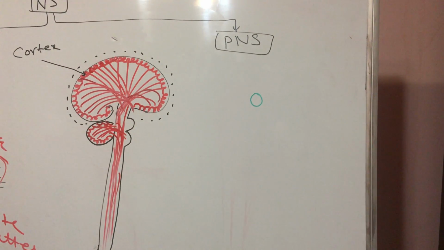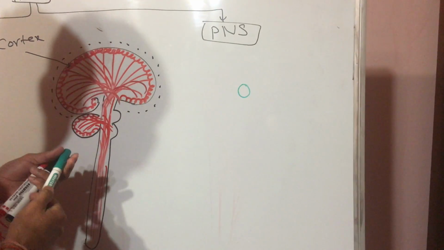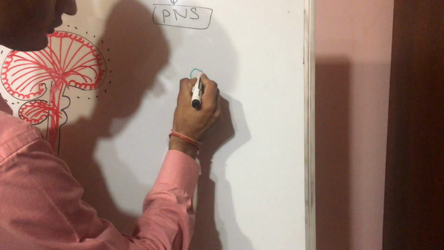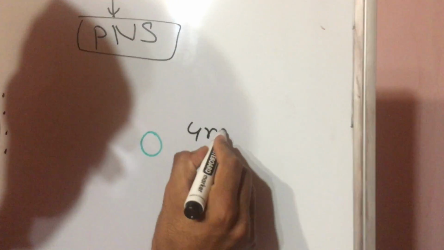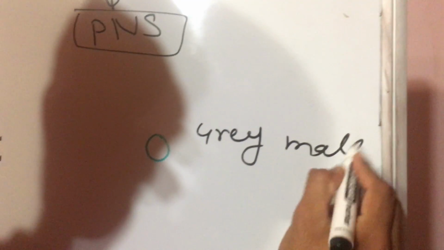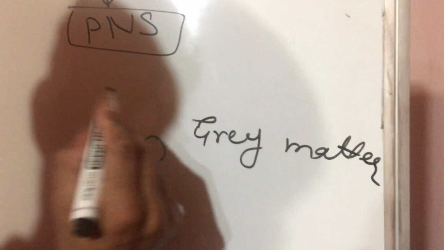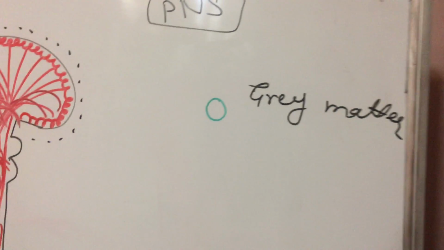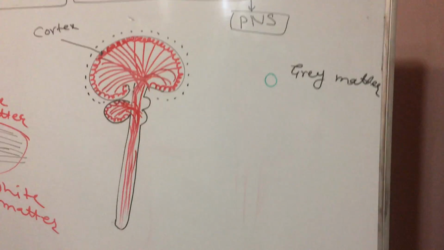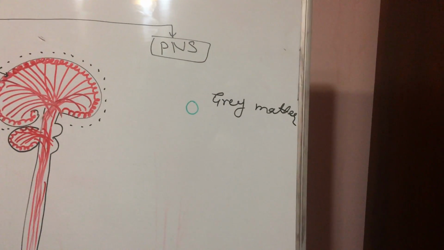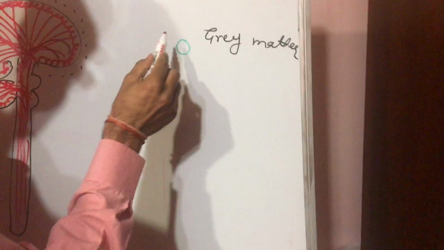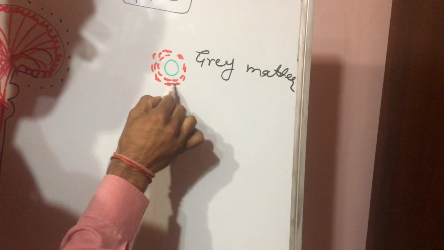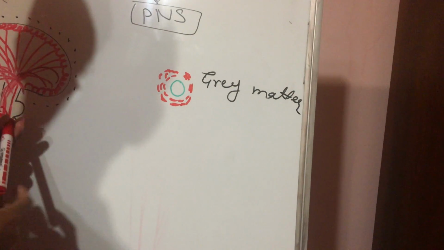So this is a small piece of gray matter. This small piece of gray matter is surrounded by white matter.